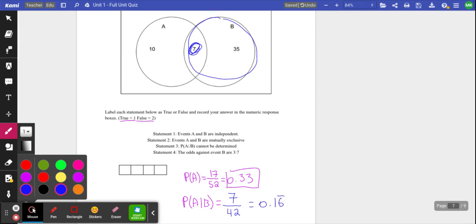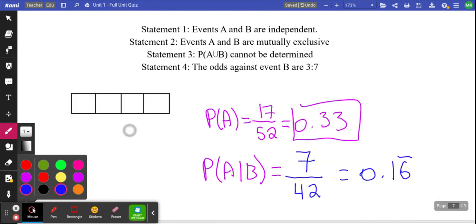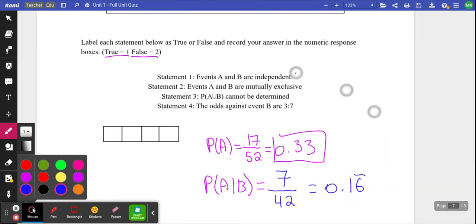These probabilities are different. This means that if I know B happened, the probability of A happening decreased. These are not independent. That would be a false statement. These events do affect each other.